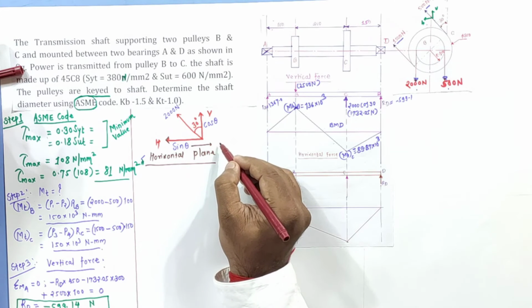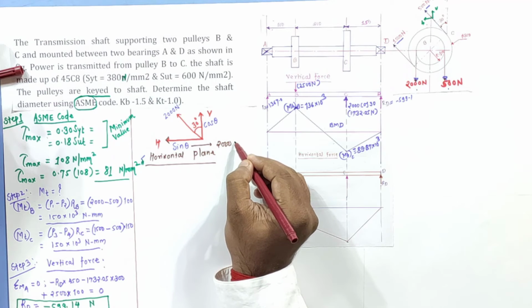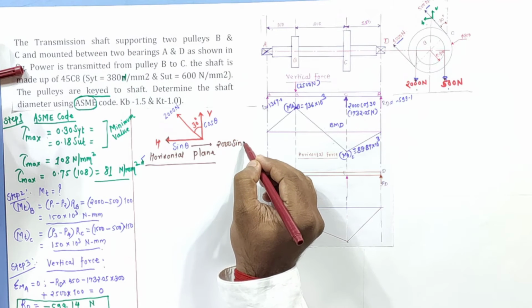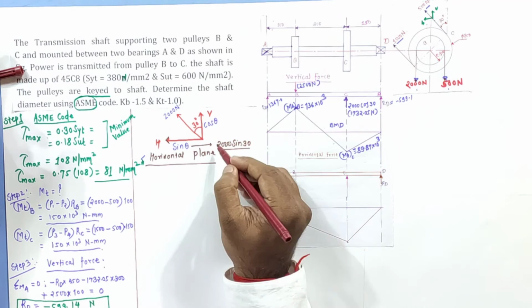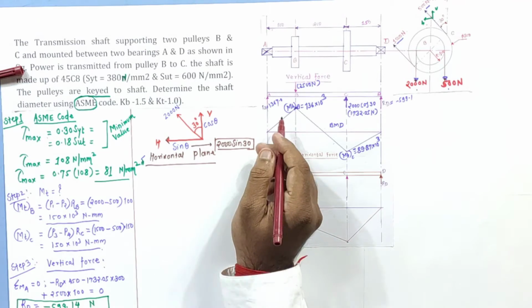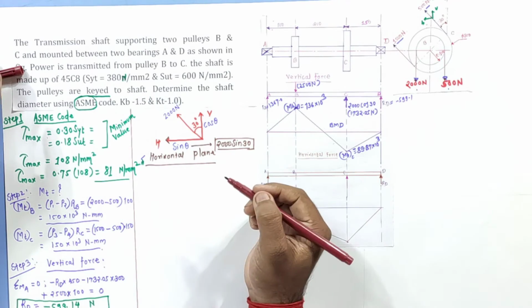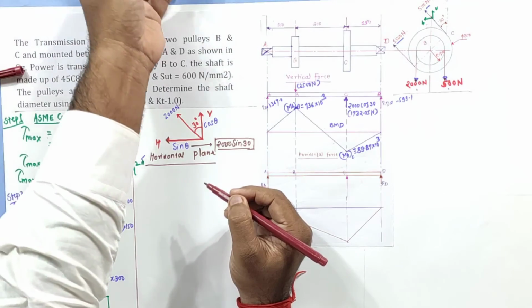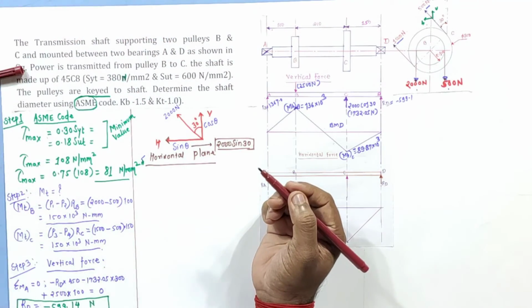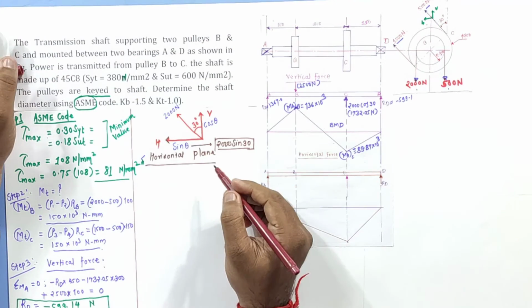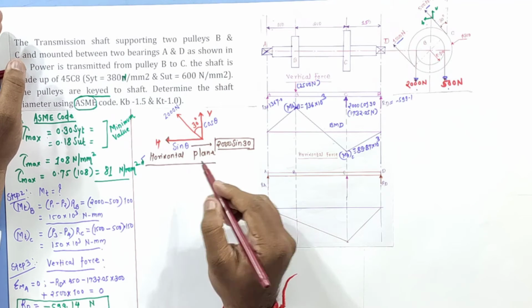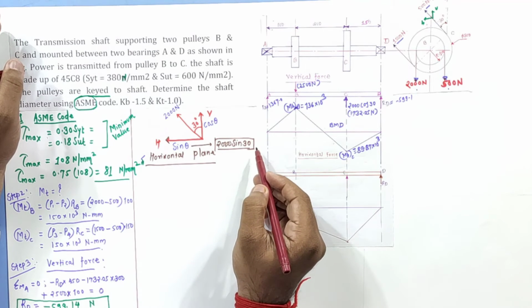This we can say is 2000 sine of 30. This will be the only horizontal force occurring over here, so that I need to consider. So for horizontal force, this will be the horizontal force, that is 2000 sine of 30.